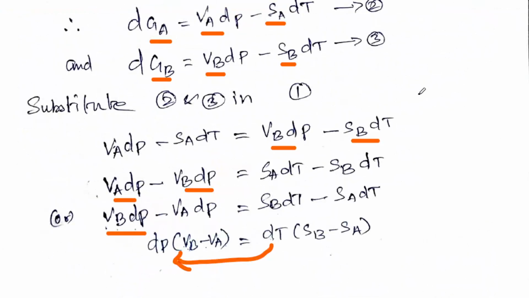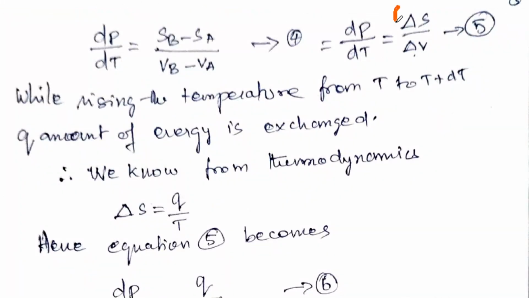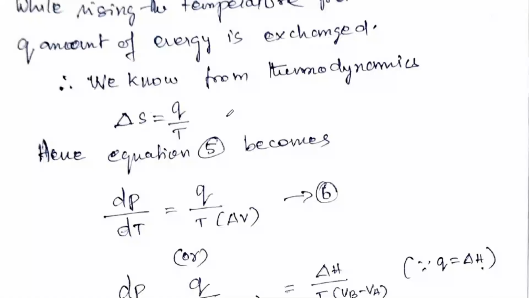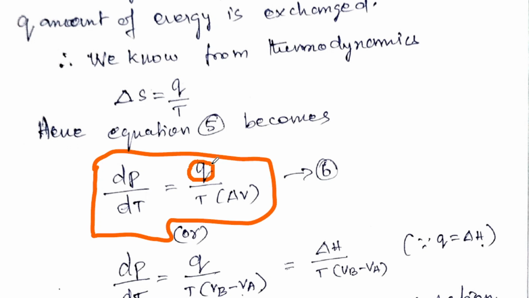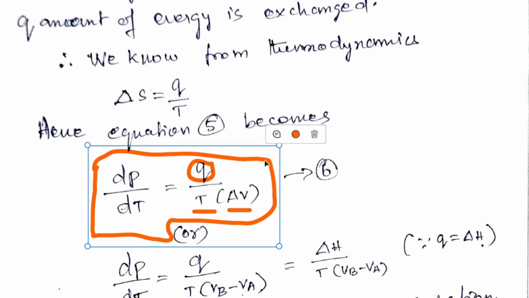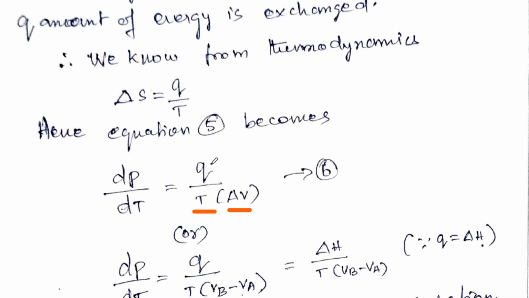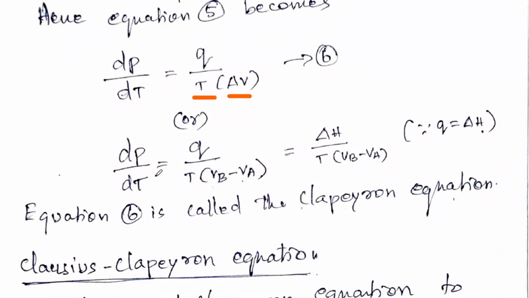On substituting this value, this equation 5 becomes dP by dT equals, for delta S I substituted Q by T, and then the same delta V. This equation can also be modified like dP by dT equals Q by T into VB minus VA.